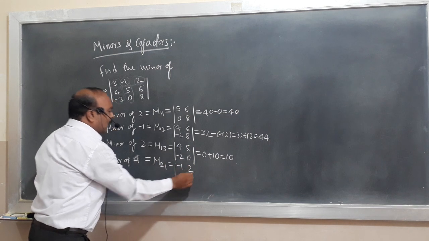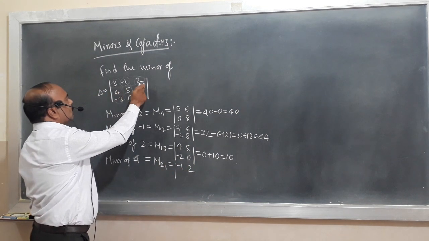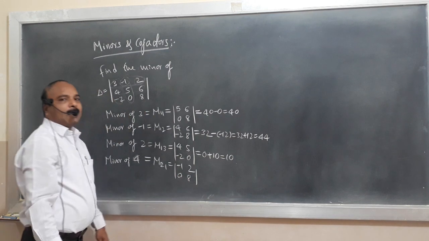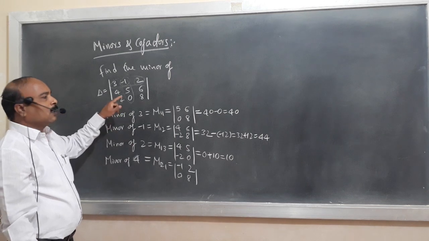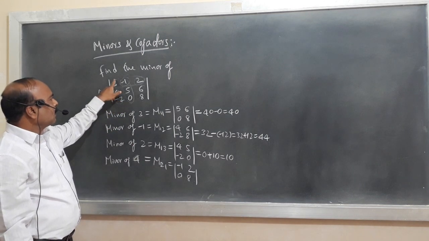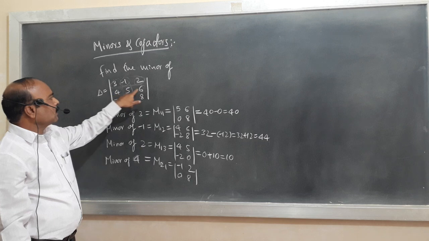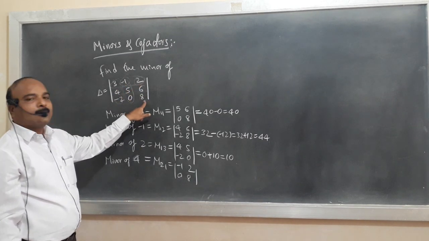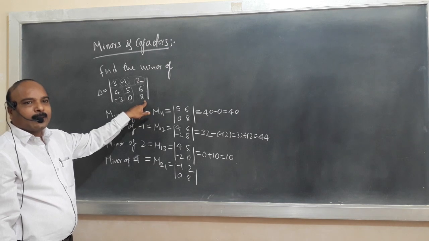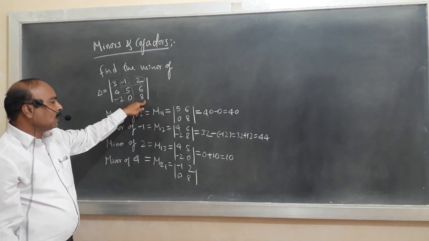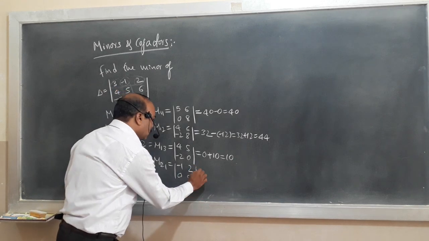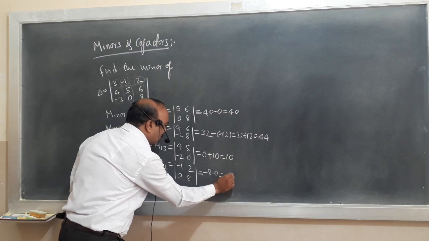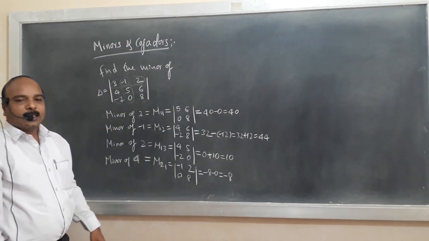Where the element is present, that row and column are deleted. Here 4 is present, so we delete this column and this row. Then we get 4 elements, minus 1, 2, 0, 8. The determinant of that is nothing but the minor of that element. Simplifying, minus 1 into 8 is minus 8, minus 0, answer is minus 8.